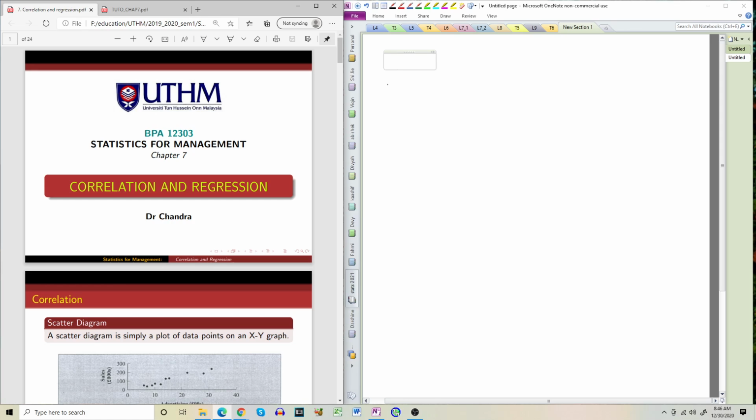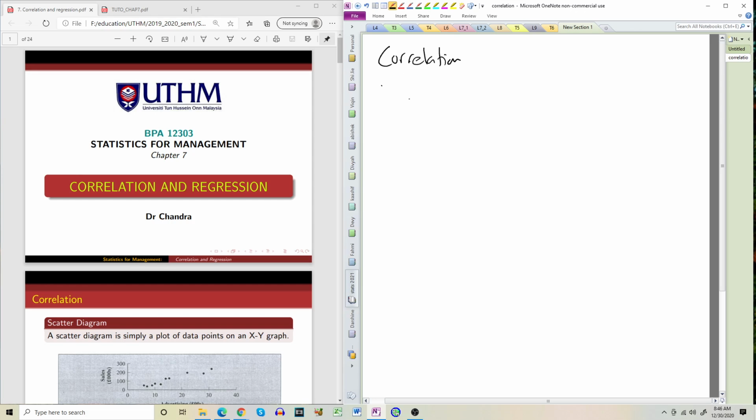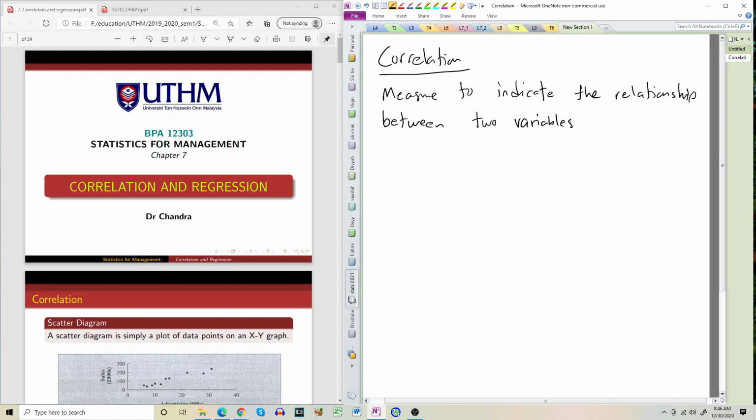Basically, correlation is a measure to indicate how strong the relationship is between two variables.